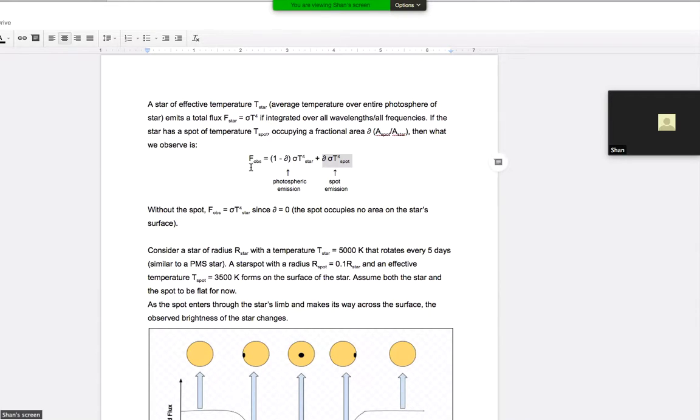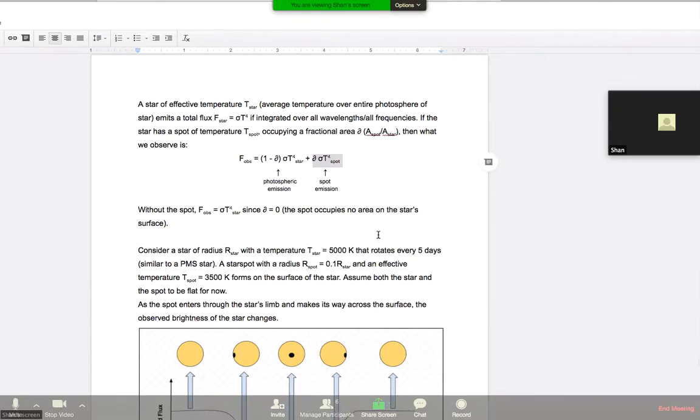Then we have a star spot with a radius r spot equal to 0.1 times the radius of the star. So it's 1/10 the radius of the star, and has an effective temperature of 3,500 Kelvin, a bit cooler than the surface temperature of the sun.